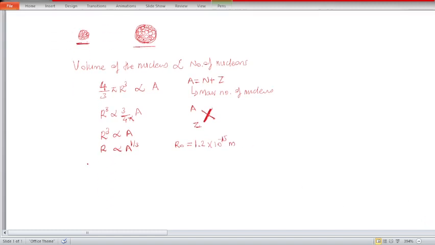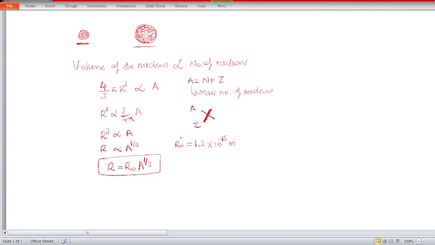So we can write R equals R0 A raised to 1 by 3. This is the expression for the radius of the nucleus, and you can see the radius of the nucleus is directly proportional to the cube root of its mass number.